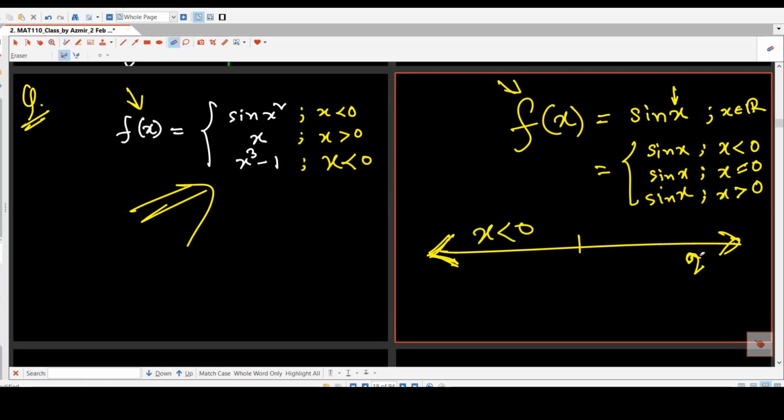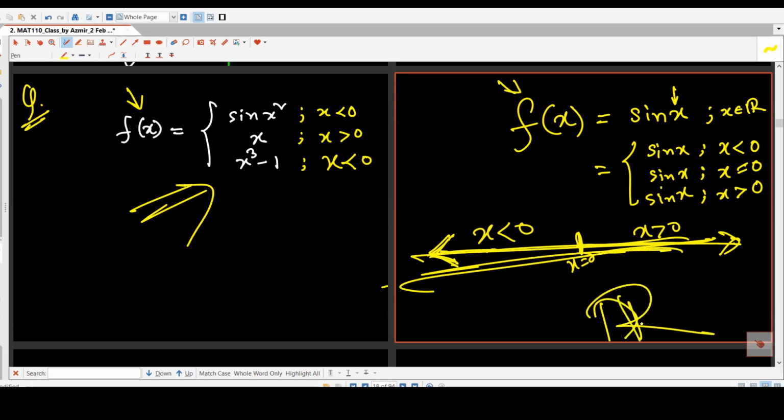Similarly, we are taking x equals 0, this portion is covered. x greater than 0, this portion is covered. That means we have the total real number line R. So a single function can be thought of as a piecewise defined function. Any function can have several pieces, and that's why we can think about piecewise functions.